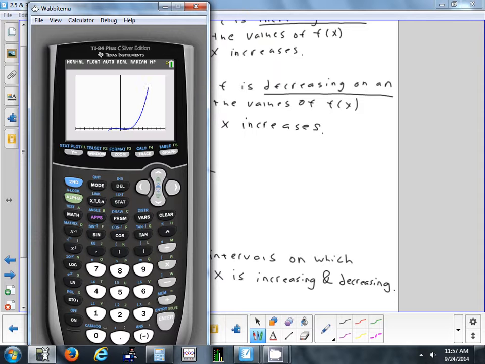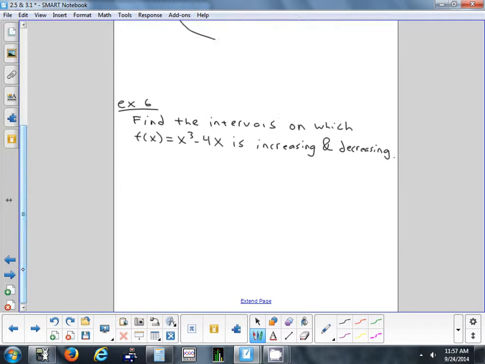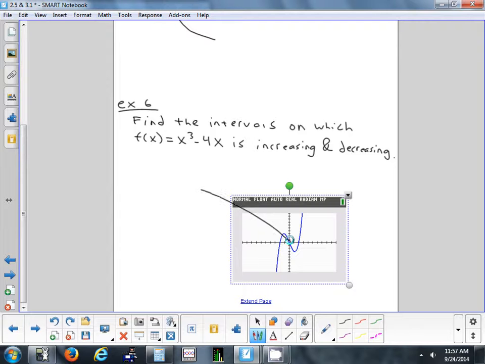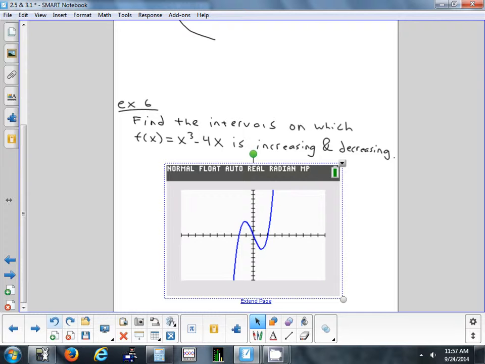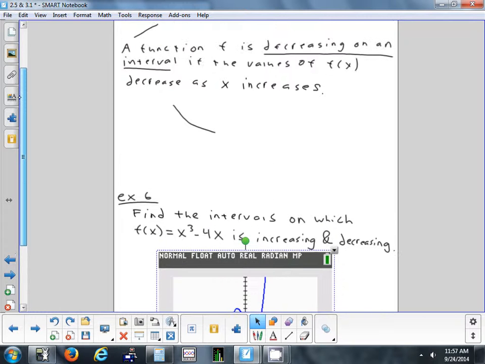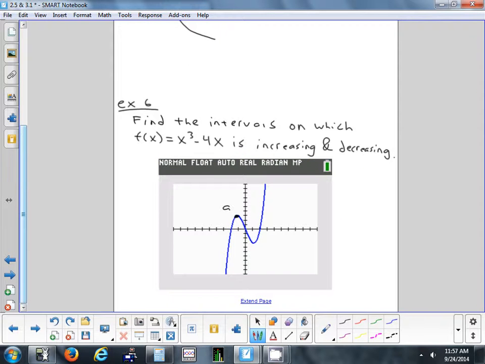Go back to a standard window. And let's just take that. Here's our graph. So it asks us, where is this increasing? Where is it decreasing? Okay, that's A. Let's call that B.